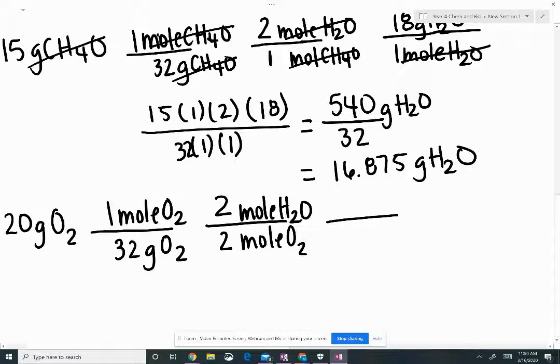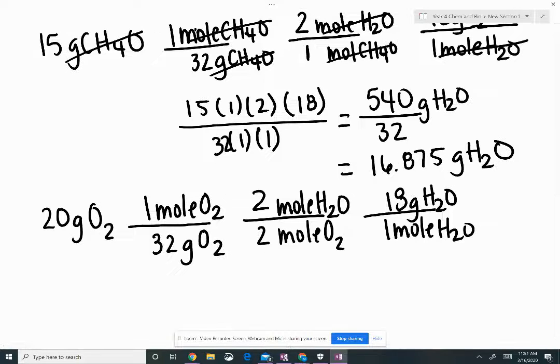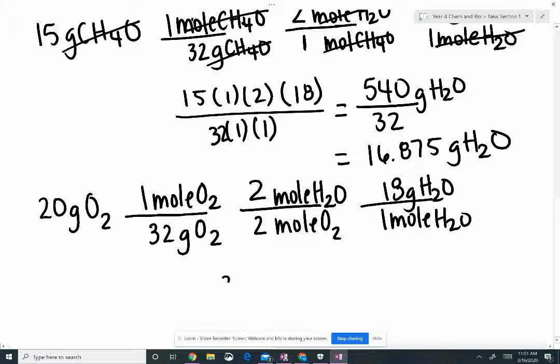And then I'm going to say 1 mole of H2O is 18 grams of H2O. Again, I got this 18 grams from the periodic table. I got these two numbers from my equation, and then I got this number from the weight of oxygen. So now I'm going to multiply these things out.